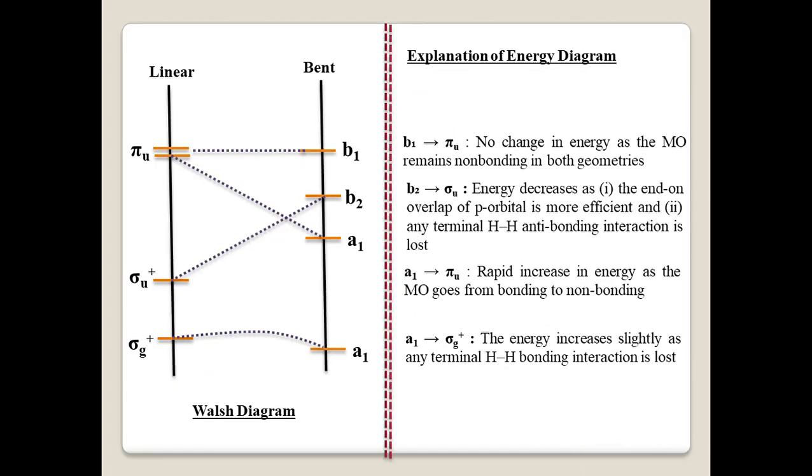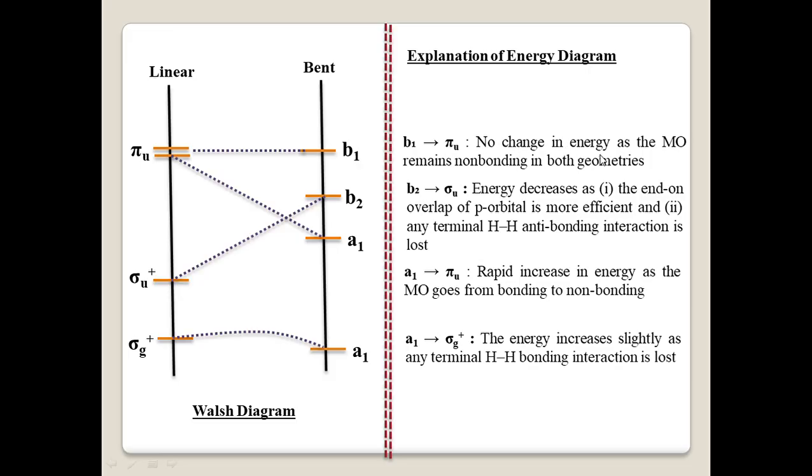So this is our Walsh diagram. See, this is our Walsh diagram. This is for linear geometry. This is for bent geometry, right? So here sigma g plus, sigma u plus and pi u have the same energy. Here it is A1, A2, B2, B1. So here it has slightly less energy, right? Here it is written as B1 to pi u.